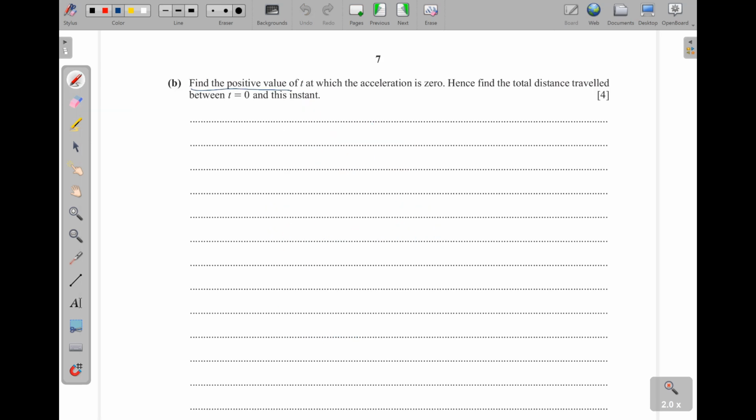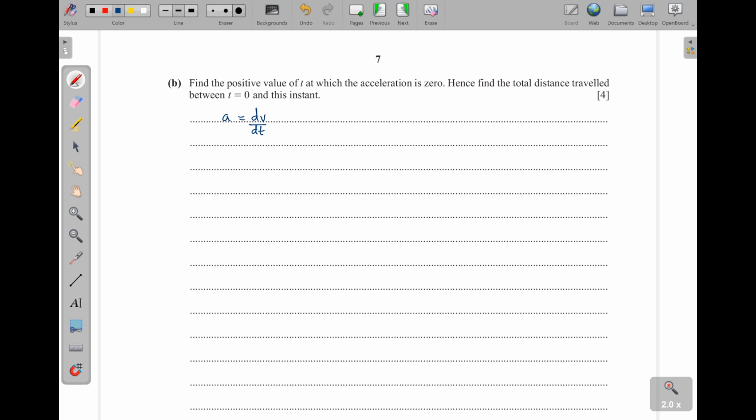Part B, find a positive value of t at which the acceleration is 0. Hence, find the total distance traveled between t is equal to 0 and at this instant. Acceleration is the rate of change of velocity, so we shall put acceleration is equal to dv/dt. That means we are going to differentiate the expression for v.